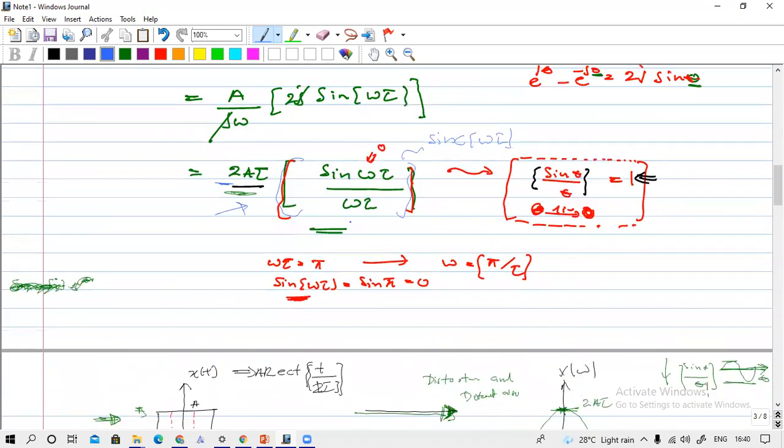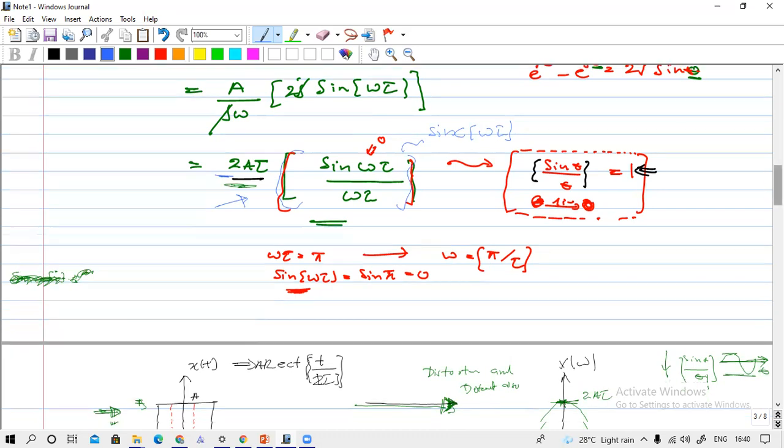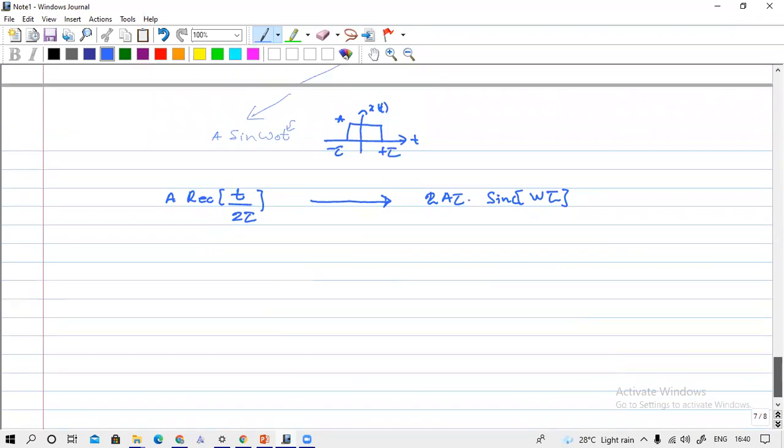You can see that 2a tau sin omega tau over omega tau means sync omega tau. So this is our signal, 2a tau sync omega tau.